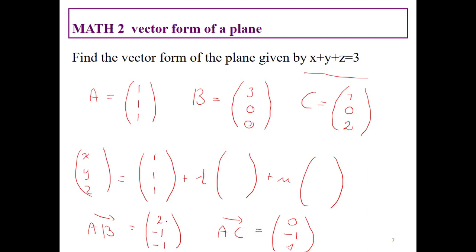Of course you can see that at once, because 2 can never be depending on 0. I cannot find a lambda in such a way that 2 would be lambda times 0. So okay, these work perfectly. So a vector form would be (1, 1, 1) + lambda times (2, -1, -1) + mu times (0, -1, 1).